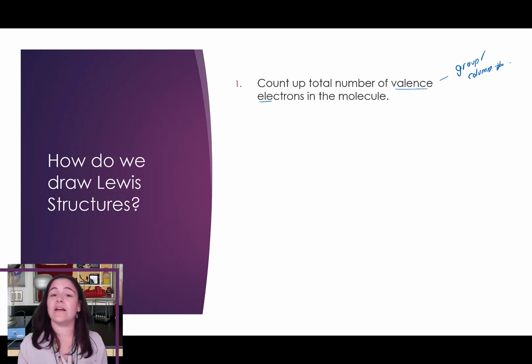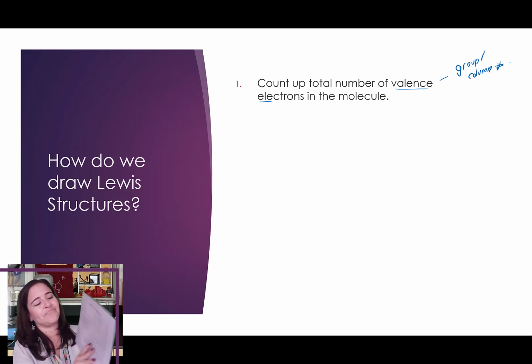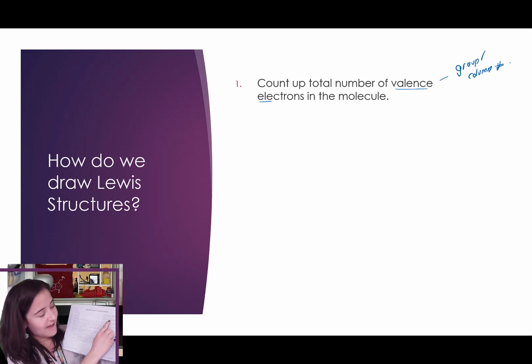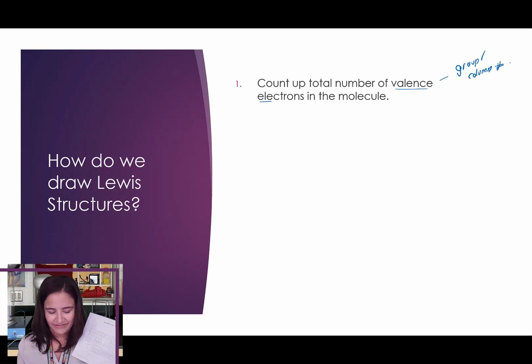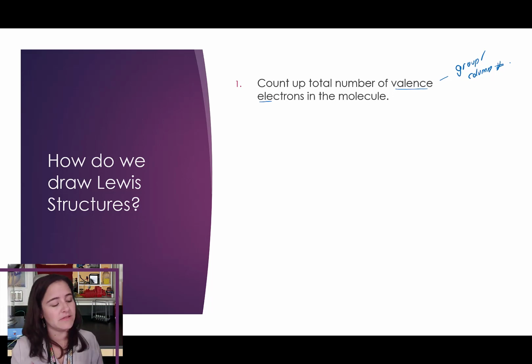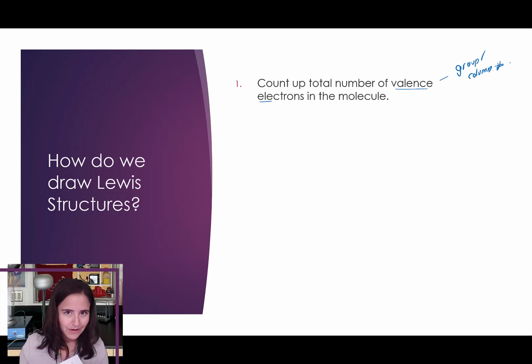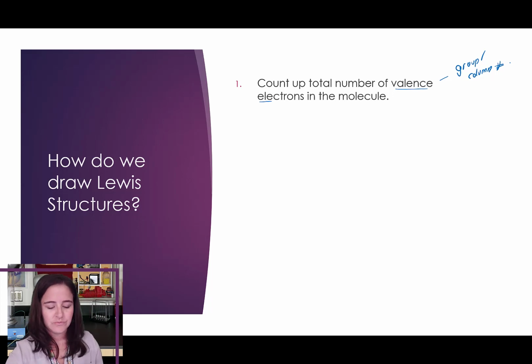So it's going to be things like carbon, which is in group 14, meaning it has 4 valence electrons. Nitrogen is in group 15, so it has 5 valence electrons. All of the halogens in group 17 have 7. So we just need to count up so we know how many electrons are going to be represented in our structure.